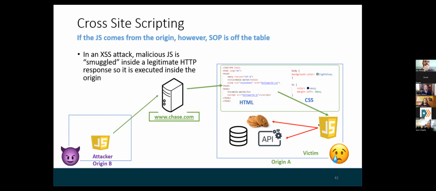And now all of a sudden it has access to the sensitive data that your browser has for chase.com, like your cookies or your browser storage or your DOM. Oops. So conceptually, it's a little bit like a Trojan horse type attack in which I'm hiding or smuggling malicious JavaScript content in a legitimate chase.com response to trick the browser into executing it.